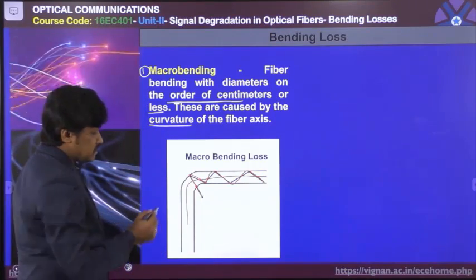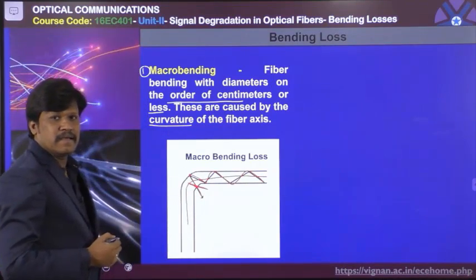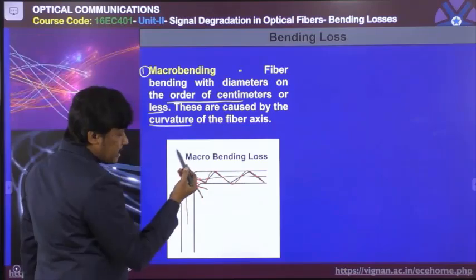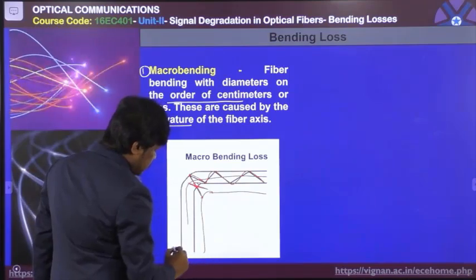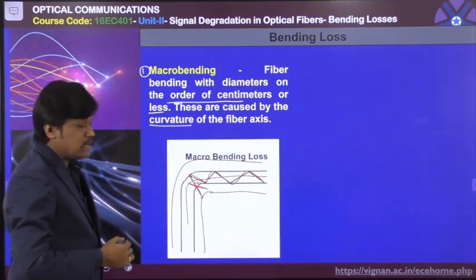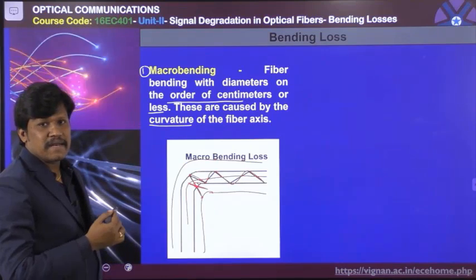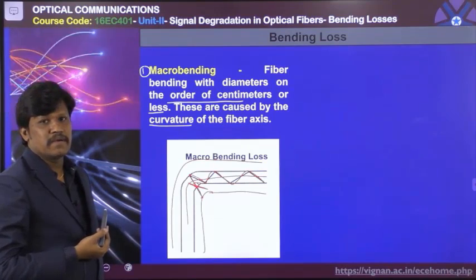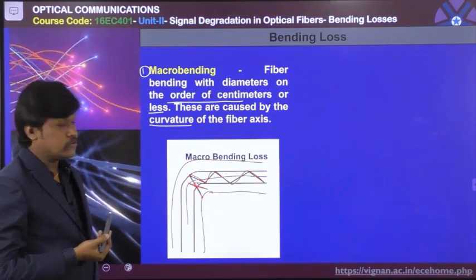At this point, it will not attain the critical angle because of the sharp bend in the optical fiber cable. There are chances of optical light traveling from the core medium to the cladding medium due to the critical angle condition not being attained.